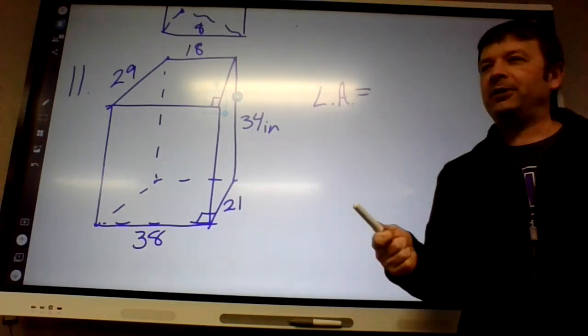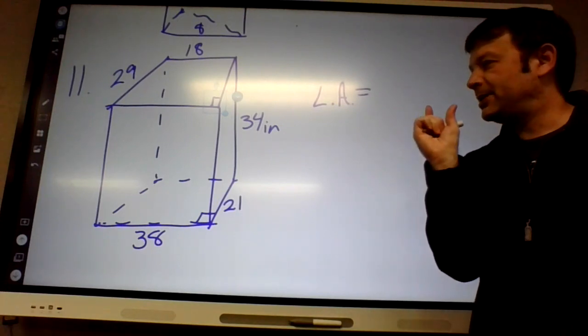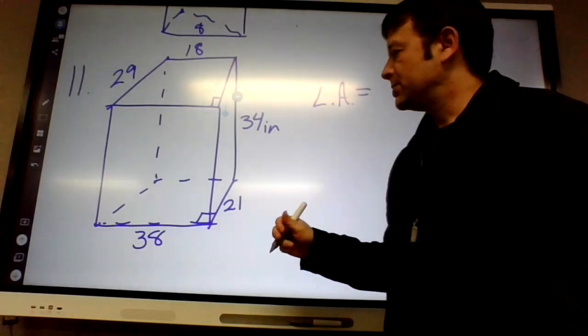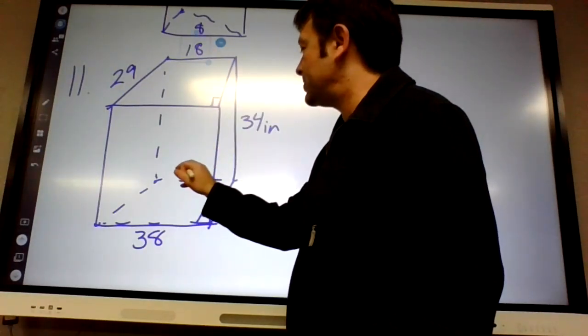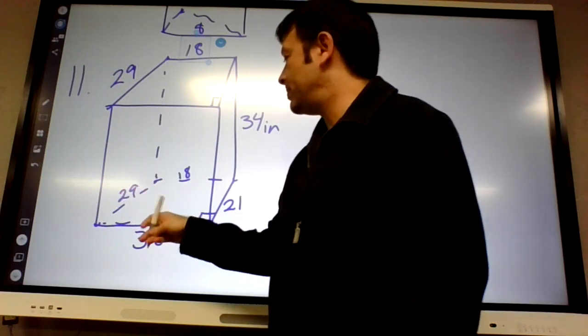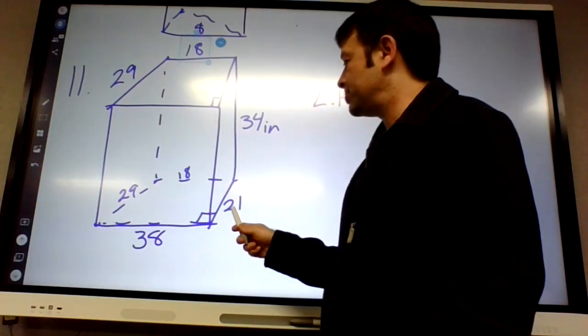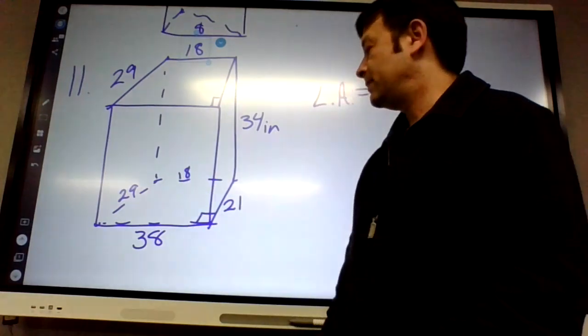Okay, what was the lateral area formula? Those really short formulas: perimeter times height, pH. So if this is an 18, this is an 18. If this is a 29, this is a 29. So the perimeter would be 29 plus 21, 50, plus 18 plus 38, 56.